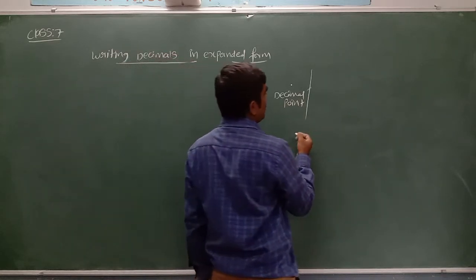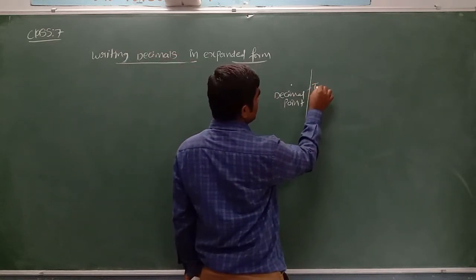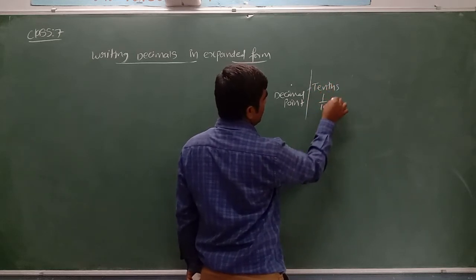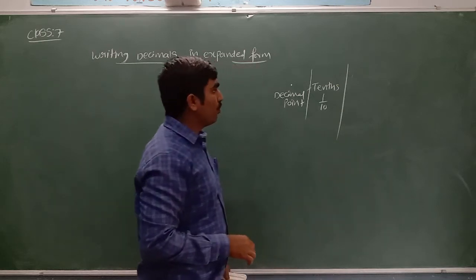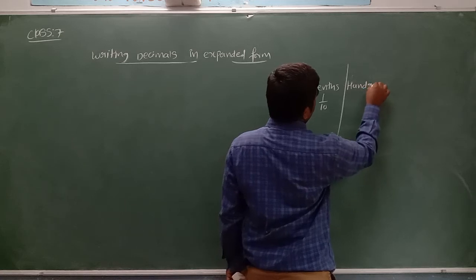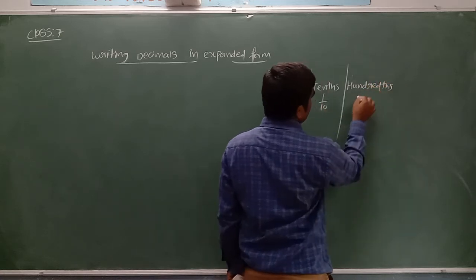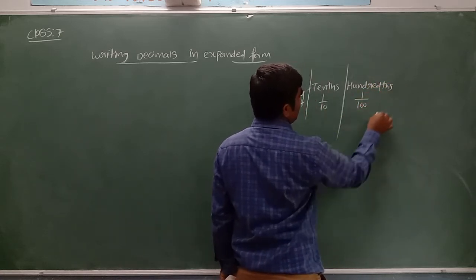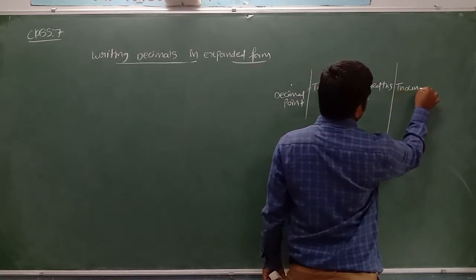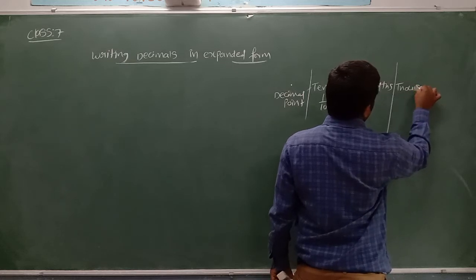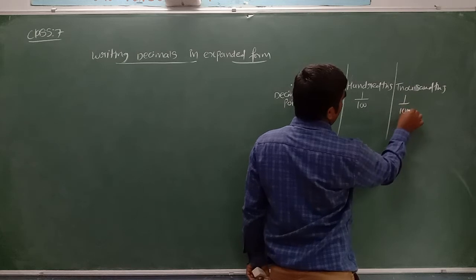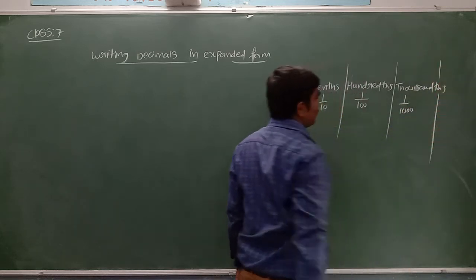In the decimal part, the first digit is called the 10th place, which means the 1/10th place. After that, the 100th place, which means the 1/100th place. After that, the 1000th place, nothing but the 1/1000 place.